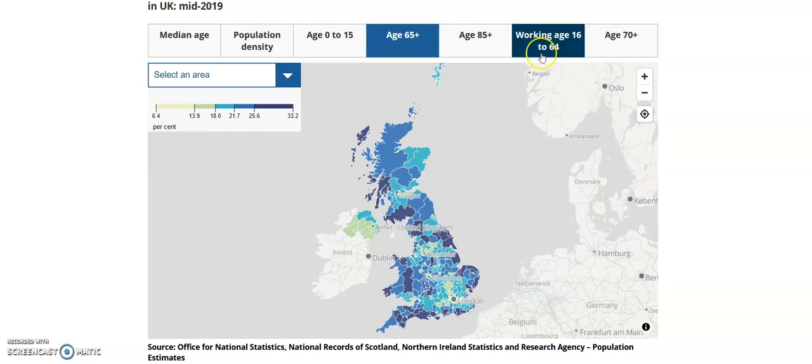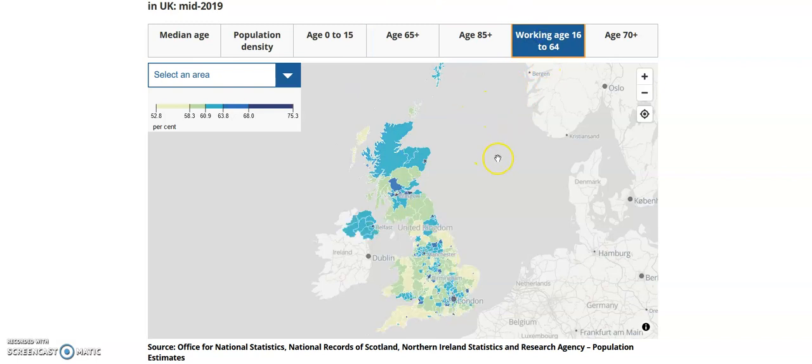So it's more interesting to look at working age population. You see how in darker areas there is more working age population. If we look here, we could see 60.9%.